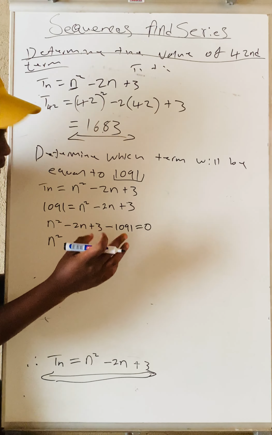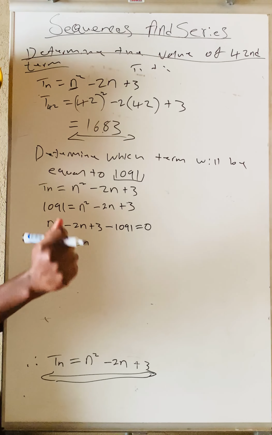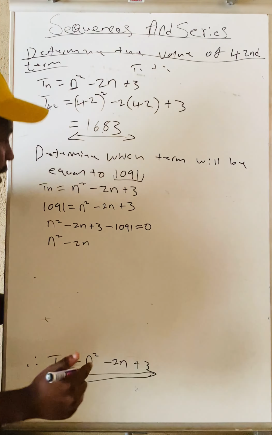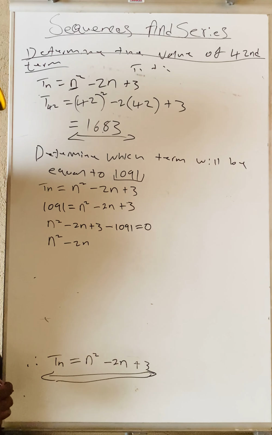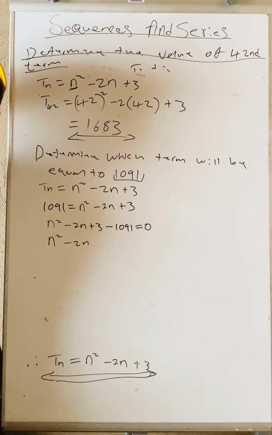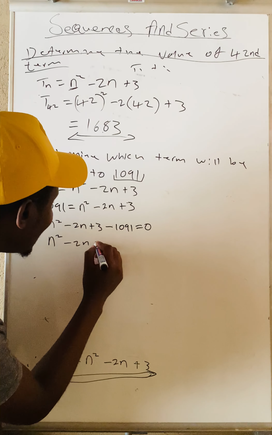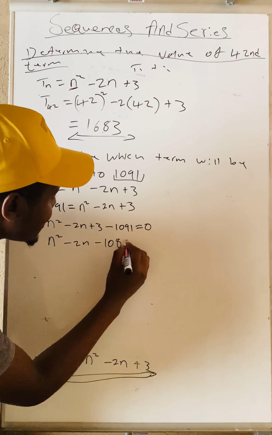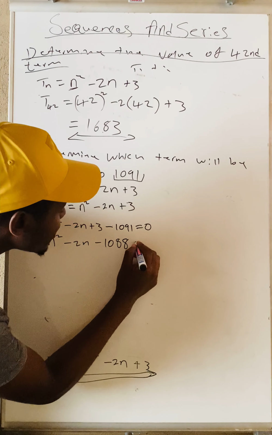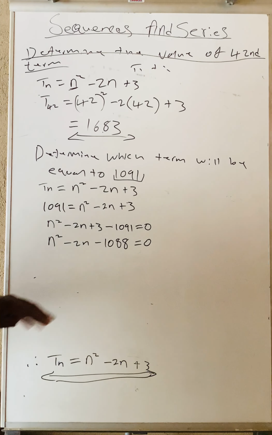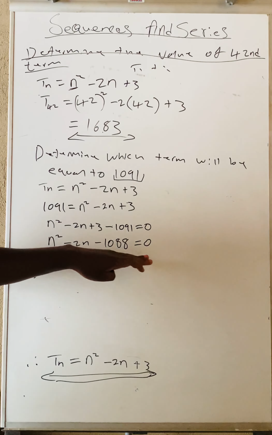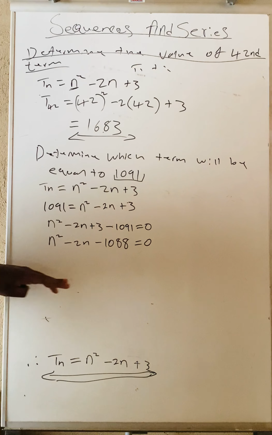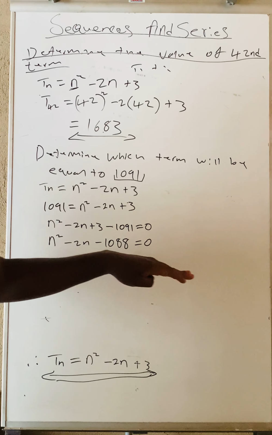There will be some subtraction here, right? Positive 3 minus 1091, you get what? Negative 1088, right? Equal to 0.